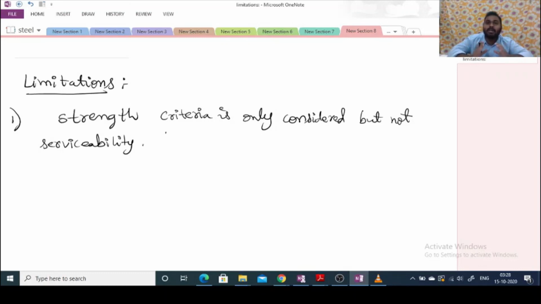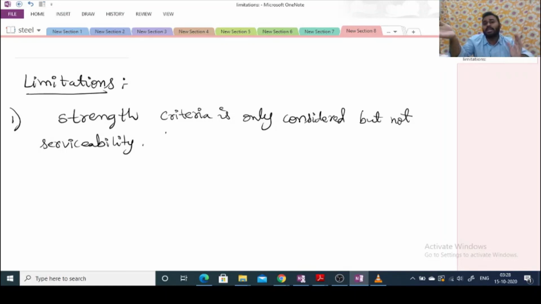So whenever you study this point, that strength criteria is only considered but not serviceability, always recollect this suspension bridge example. It will not collapse, but it will vibrate and deflect more and more, and give us a feeling that it may fail, right?